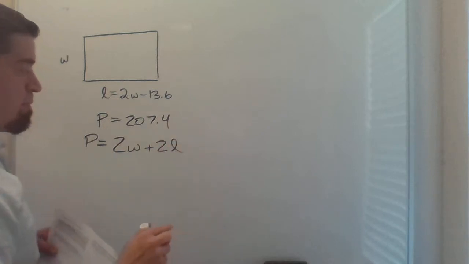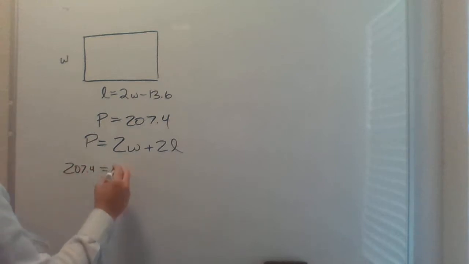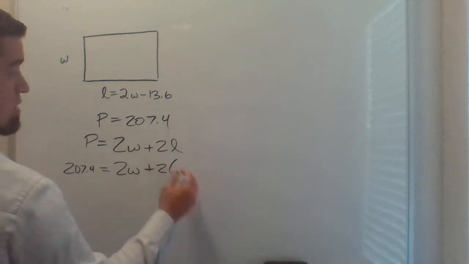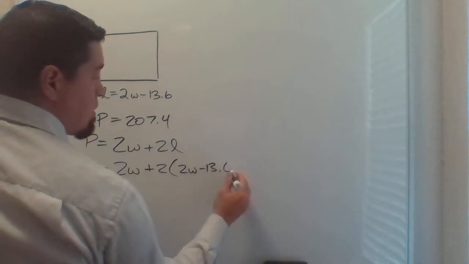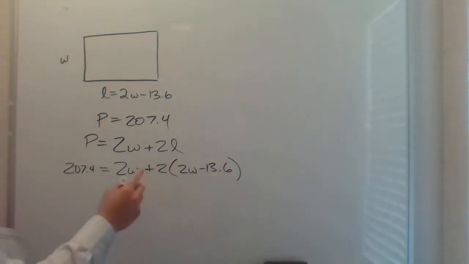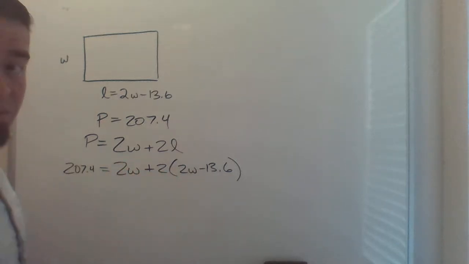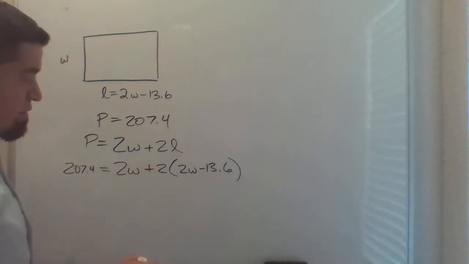I know 207.4 is the perimeter. 2W is just 2W, but 2L is actually 2W minus 13.6. And now you'll see that, just like in the last problem, I only have one variable, which is good because now I can solve for that variable.